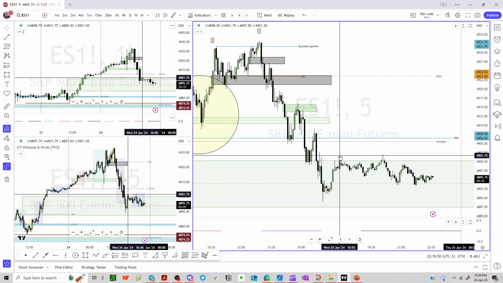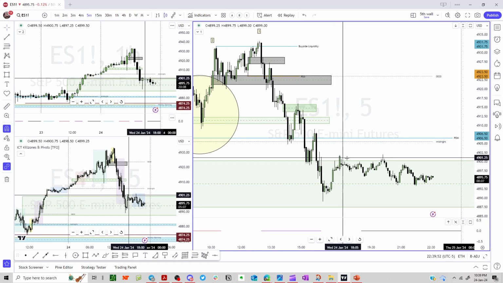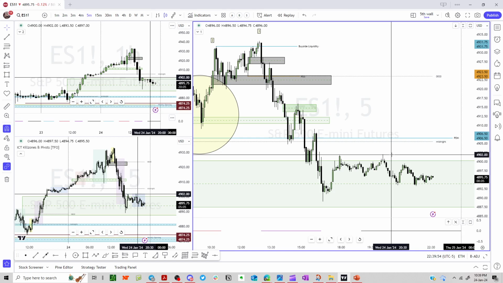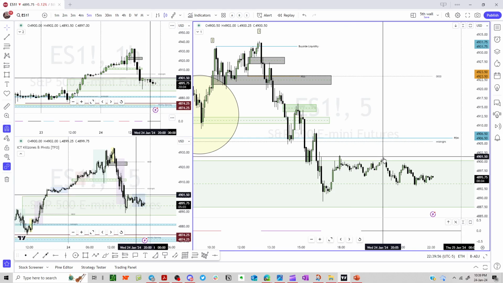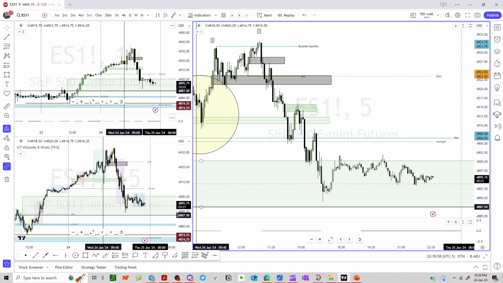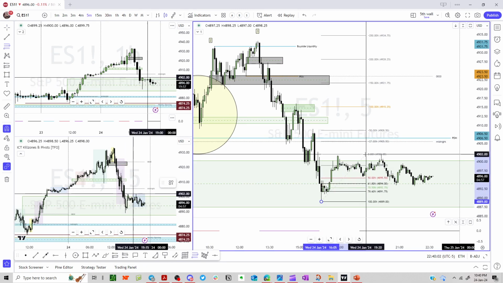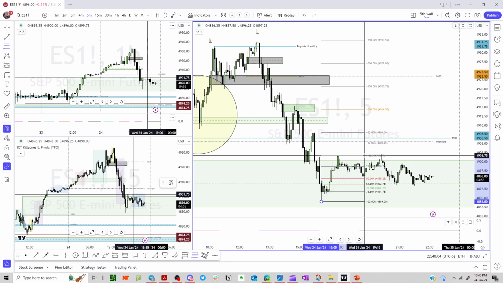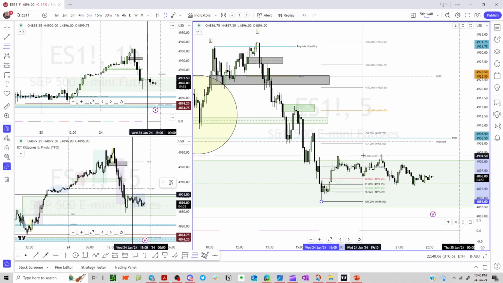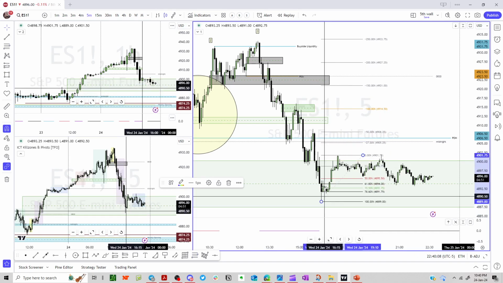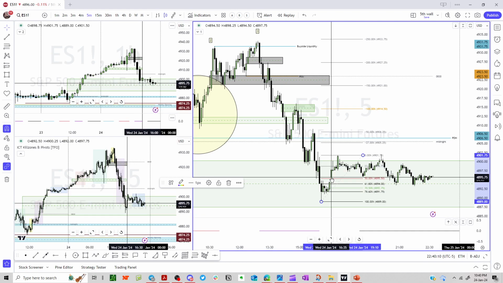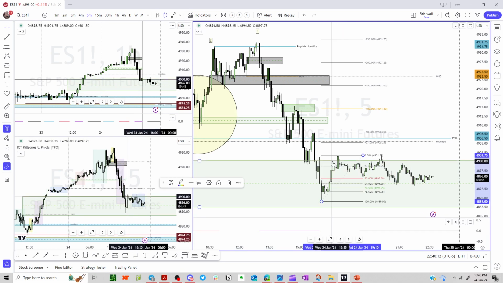Here's your shift in market structure here. And another one here. All right, so with that, so let's say we chose this one. We'll still look for price to ideally trade below 50%. Here's your 50%. So this is a break in market structure.